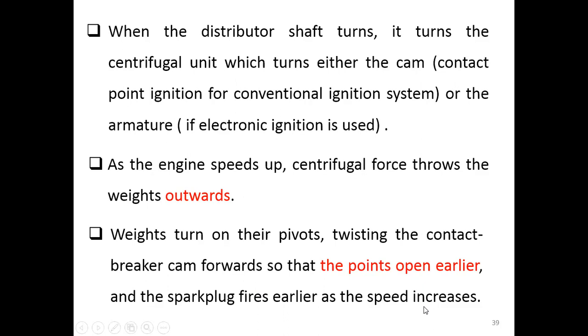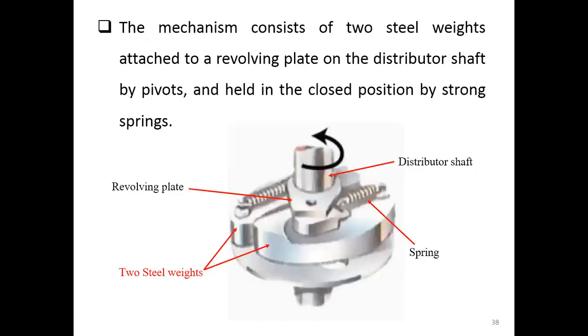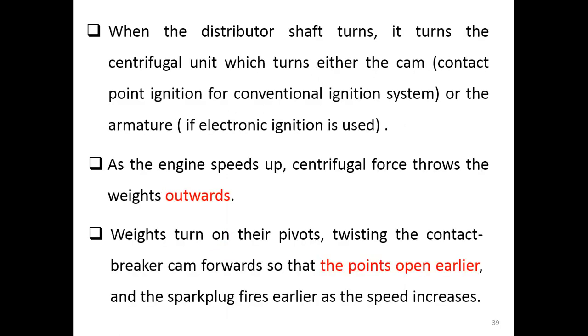So when the engine speed increases, the distributor shaft turns faster, and when it turns faster, it has more centrifugal force, and this centrifugal force will try to separate these two steel weights. When they are separated, they turn the pivot, which will twist the contact breaker cam forward.